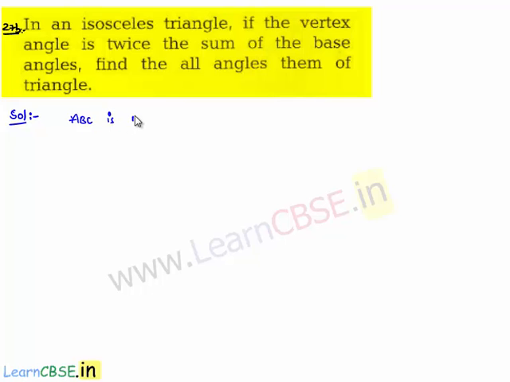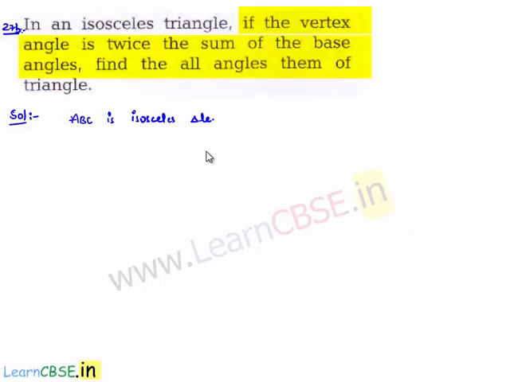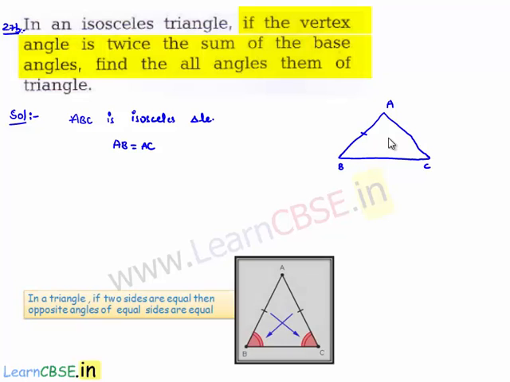Let us assume that ABC is an isosceles triangle in which AB is equal to AC. So let us draw an isosceles triangle ABC in which AB is equal to AC.